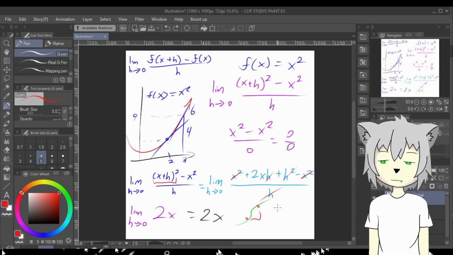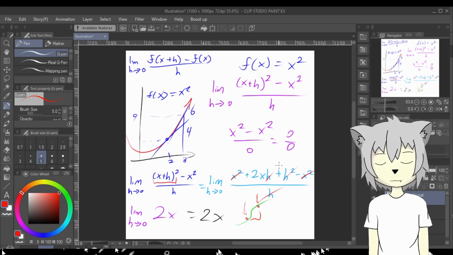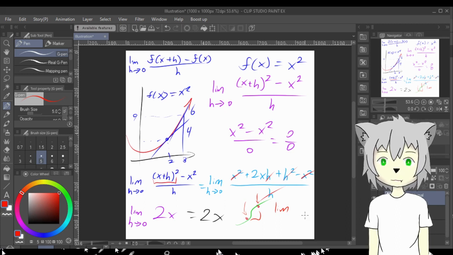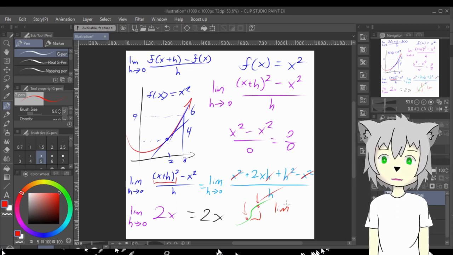It doesn't actually reach the point that we want to define the derivative as. That's basically how it works. We use limits to cheat the system and say that we can define it at 1 point. We just need to use 2 points. Makes sense, right?